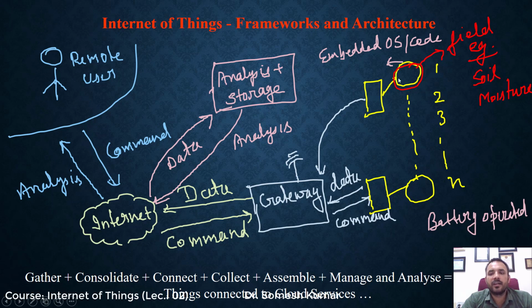Now again, after the field gets water, the data is sent again, that data is analyzed, and this analyzed data is sent to the remote user, and this remote user sends a command to the irrigation department, or automatically sends a command, to switch off that pump. So this is the complete architecture of your IoT system.